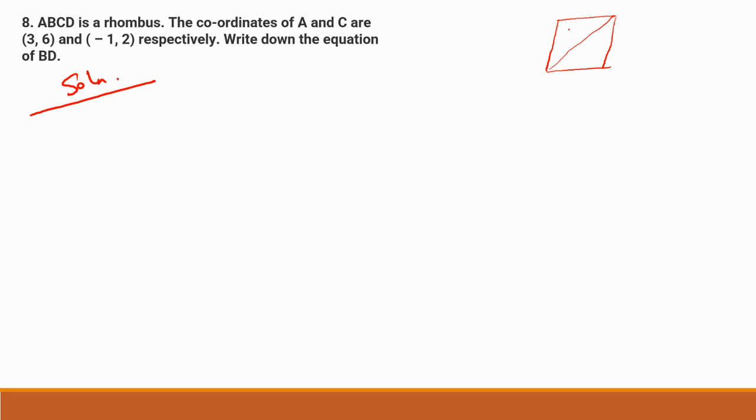In a rhombus, the diagonals bisect each other at 90 degrees. This is a property of a rhombus. So diagonals of a rhombus bisect each other at right angles.